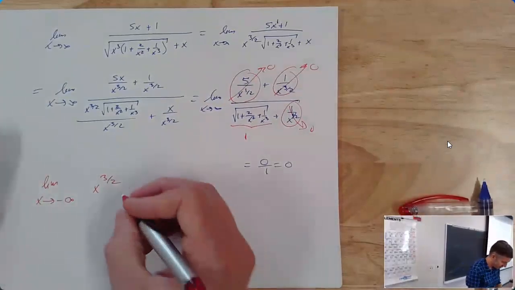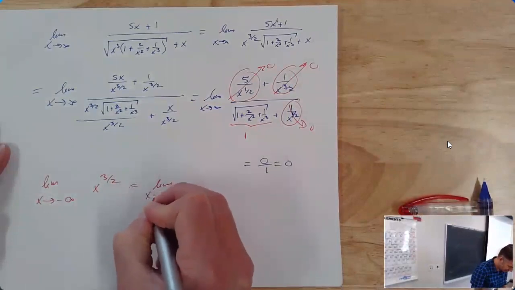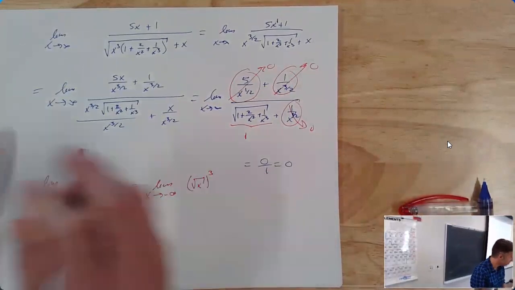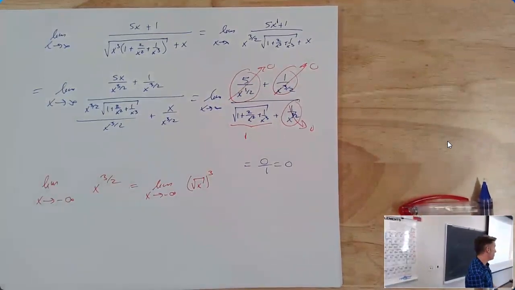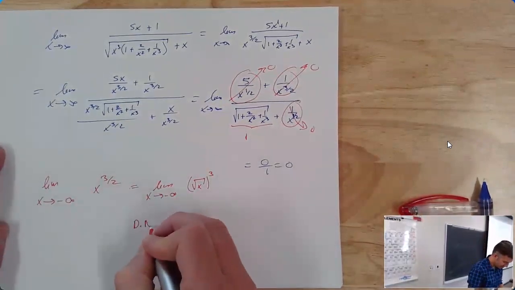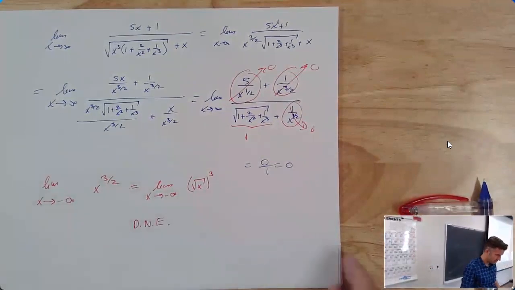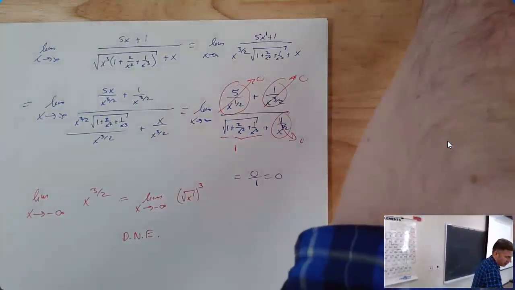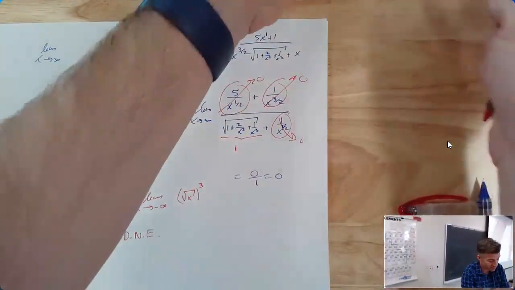Right, because that's really the limit as x goes to negative infinity of the square root of x cubed. That's a problem. Does not exist. Even if you do it the other way, you get does not exist. So here's the thing to think about. Look back at your original expression for a second.